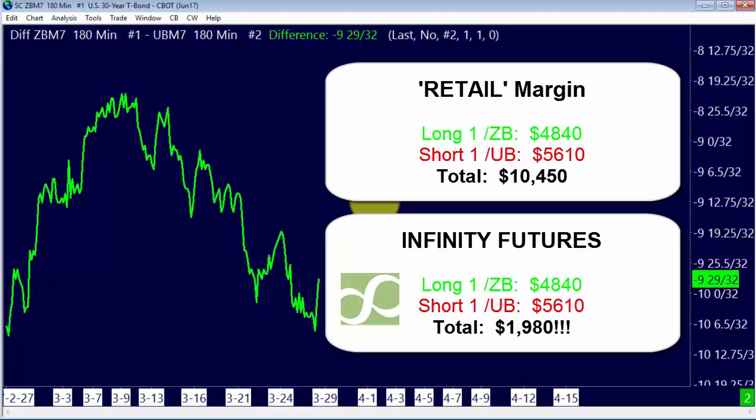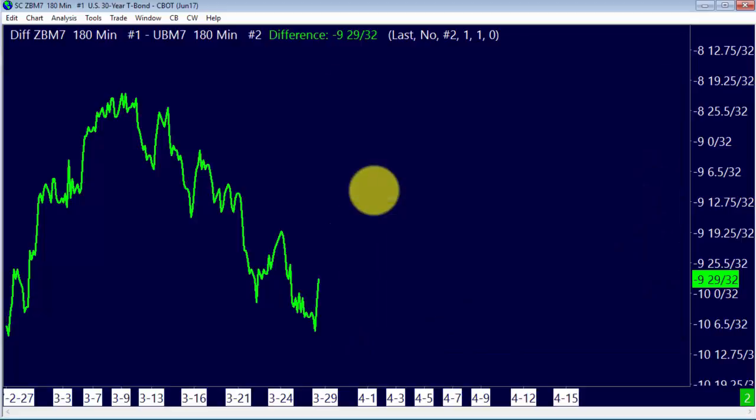But if you're using, I don't know, Thinkorswim or something like that, you could have 1 by 1 and you're eating up the same amount of margin. For a trader like me, that's crippling. This is the correct way to trade bonds. And as you get into this, then you'll really start to see the value of having a brokerage that recognizes exchange relationships and does margin correctly, just like Infinity Futures.